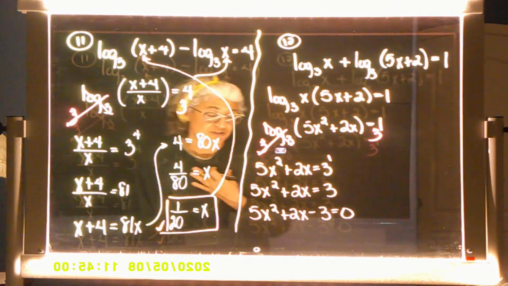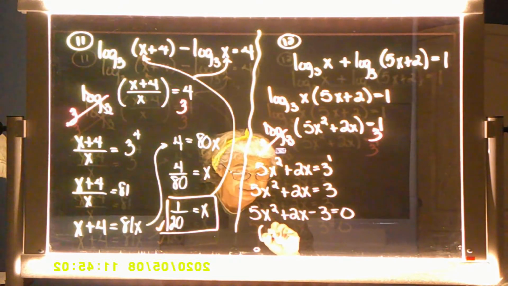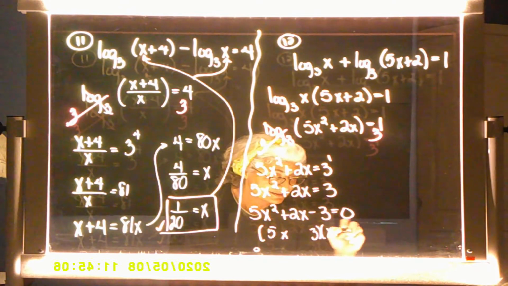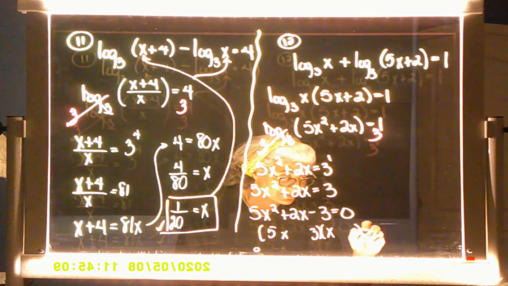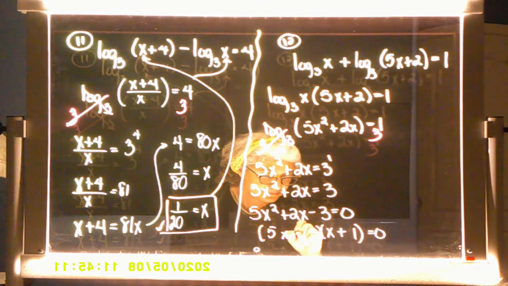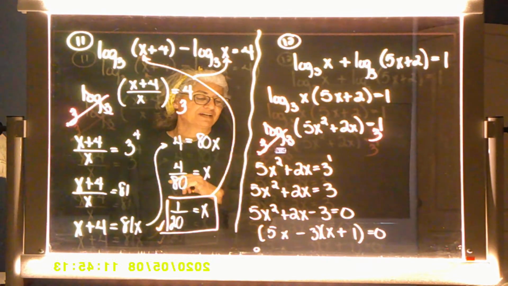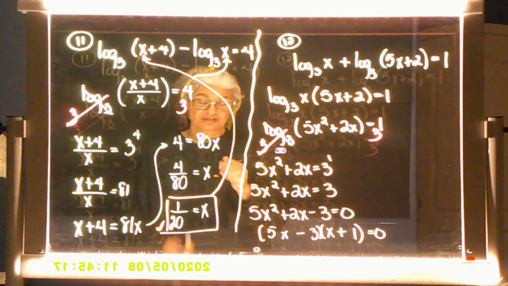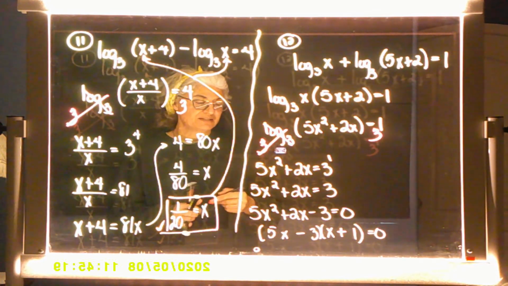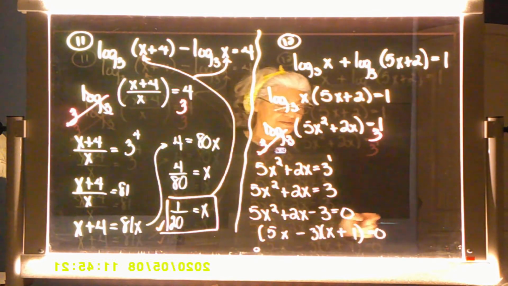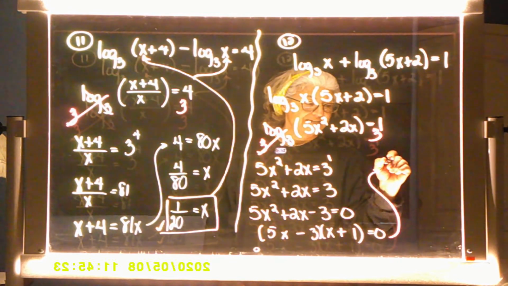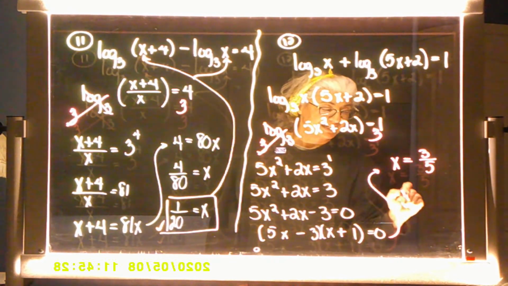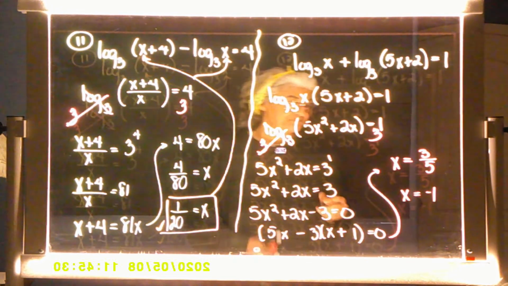And when I factor it, I get the parentheses of 5x minus 3 times the parentheses of x plus 1. Good? Which means after I set both parentheses equal to 0, I end up with x equaling a positive 3 over 5 and x equaling a negative 1.